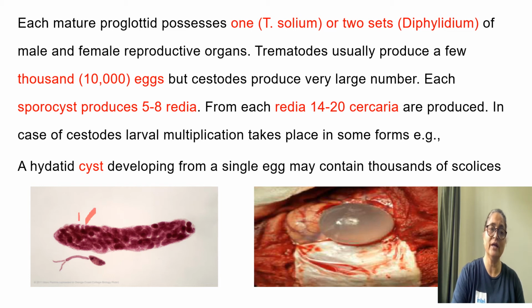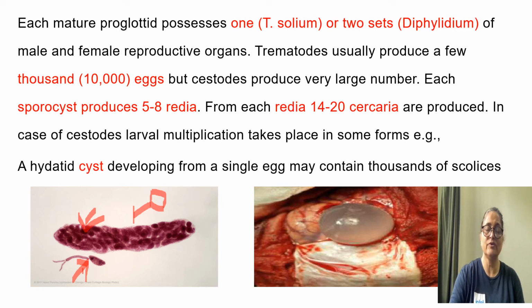One redia larva releases out 14 to 20 cercaria larvae, and one sporocyst, as I mentioned, these round structures of the sporocyst, releases out 5 to 8 redia larvae.